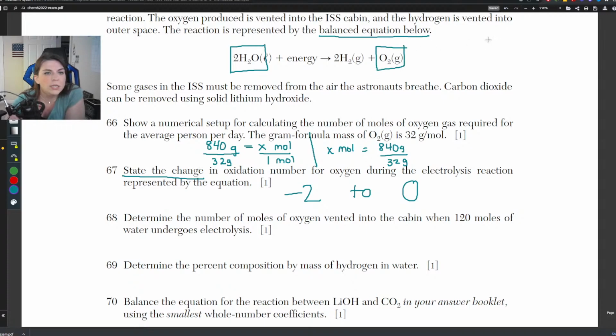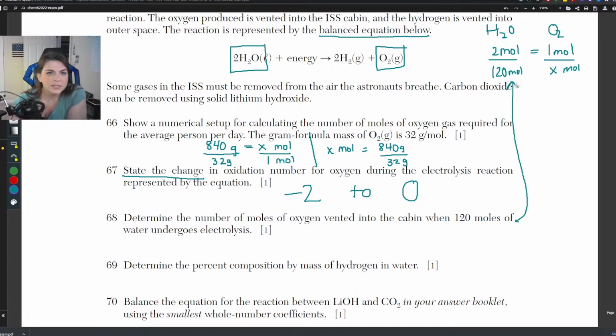And they are currently in a 2-to-1 ratio. So I set this up like this. Water is 2 moles. If I use 2 moles of water, I'm going to get 1 mole of oxygen. If I have 120 moles of water, I would have X moles of oxygen. And that's how I set that up.